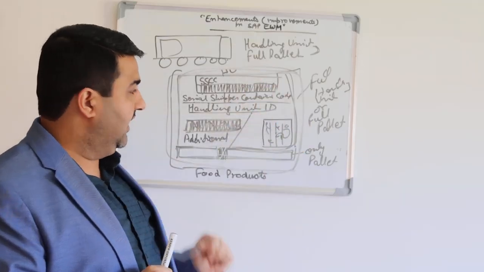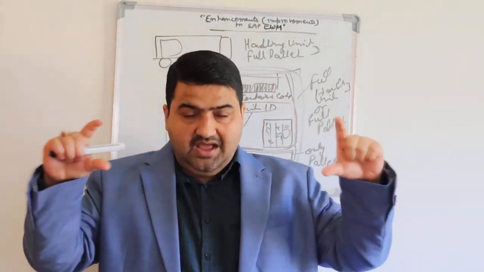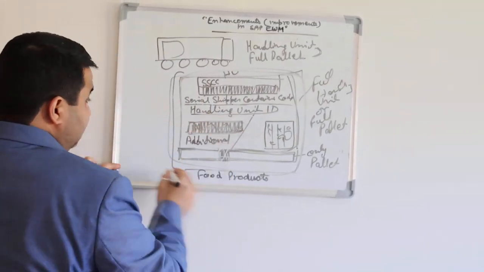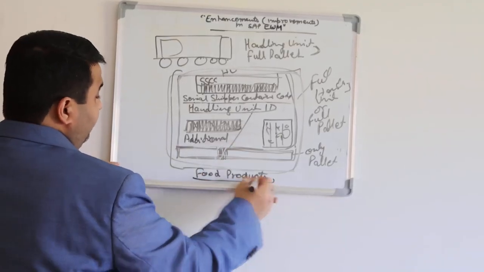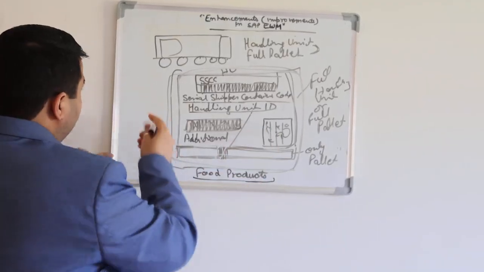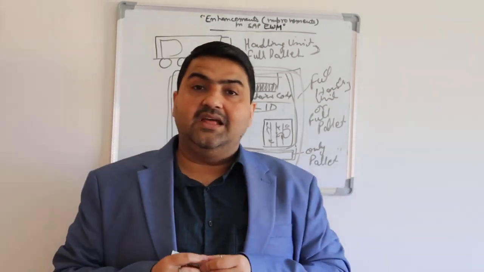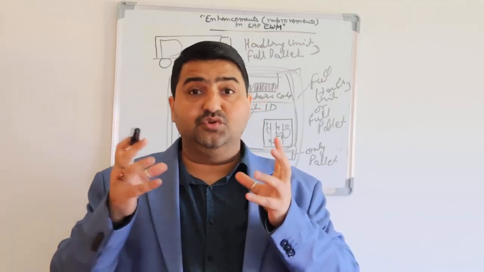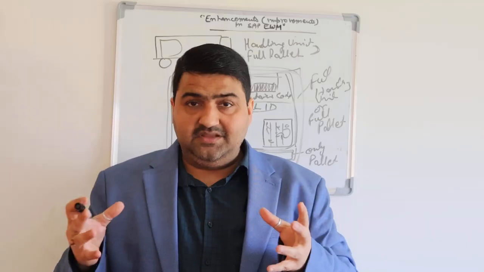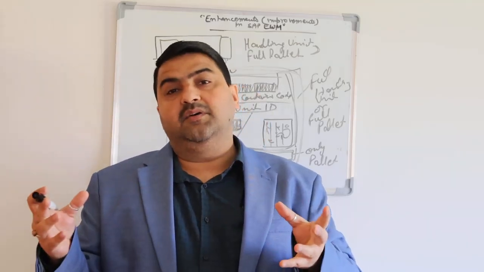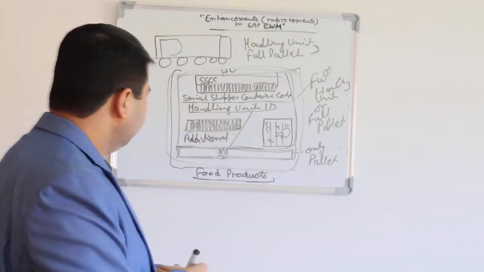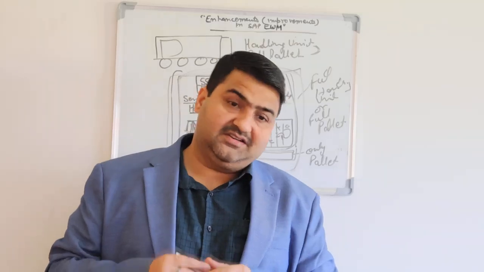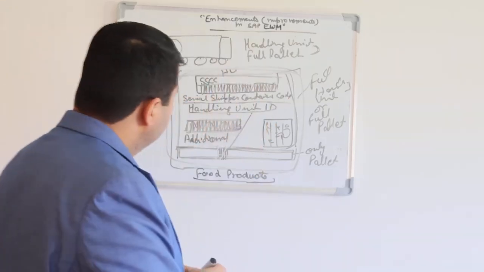He also put in another barcode. Assume this is a food product. Food products could be any kind of different products, like toast, or milk packets which have different expiration dates.